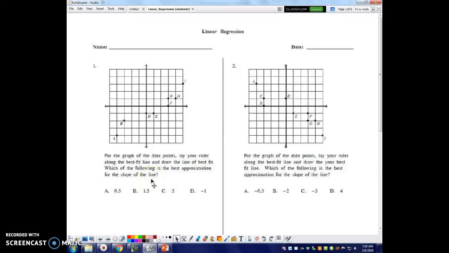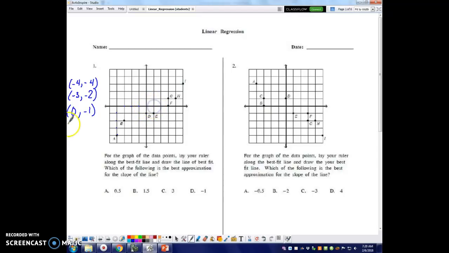Okay, so you could do that, or take the points. Point A here is at negative 4, negative 4. The next one's at negative 3, negative 2. This point is at 0, negative 1.